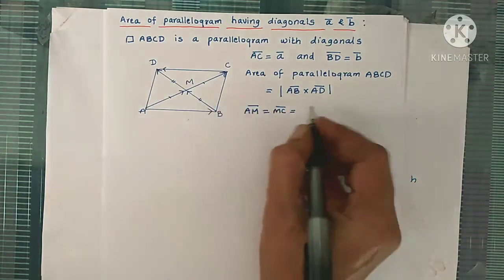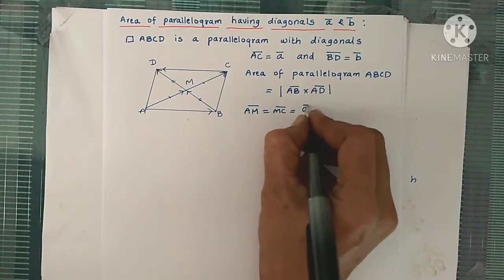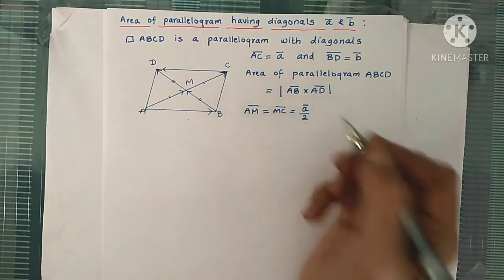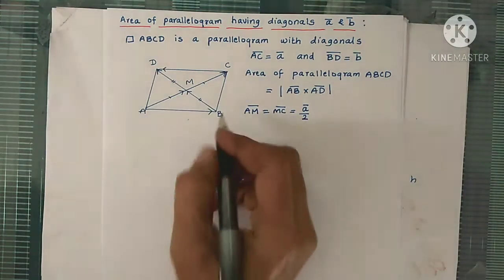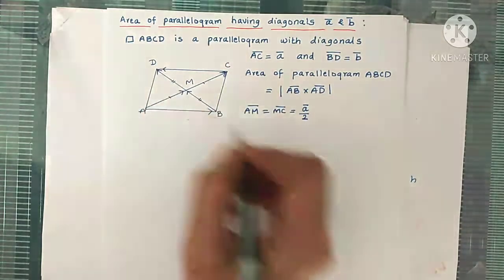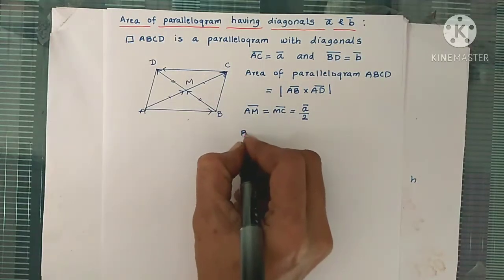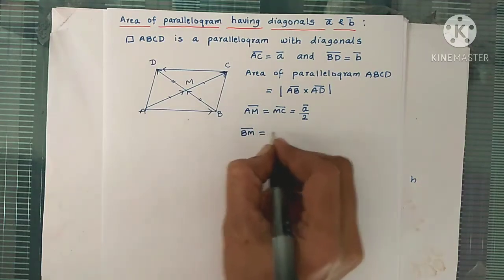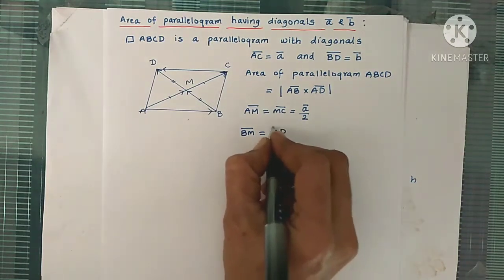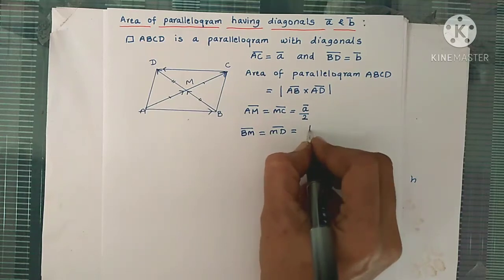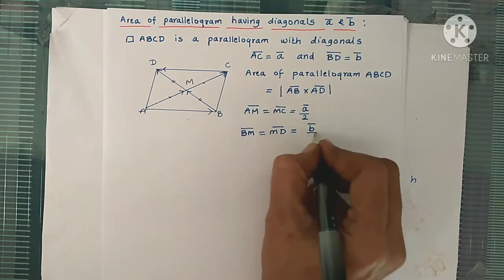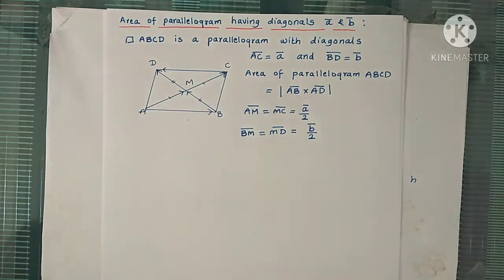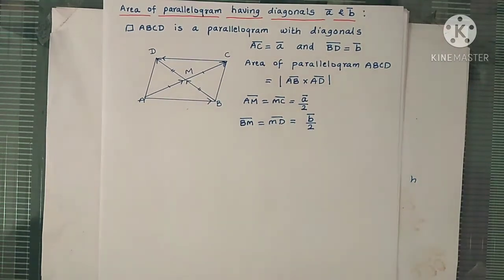AC bar is A bar, so it becomes A bar upon 2. Similarly, BM bar equal to MD bar is half of BD bar, but BD bar is B bar, so it is B bar upon 2.